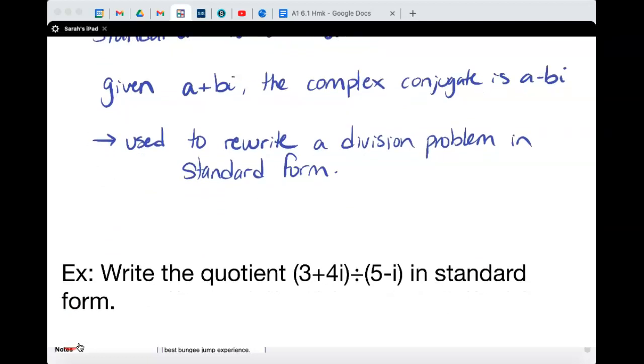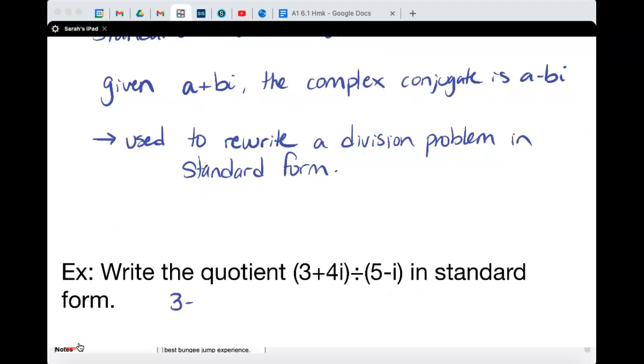So we're given this quotient, 3 plus 4i, divided by 5 minus i. Okay, so I have a complex number in the numerator and denominator. I need to write it in standard form, so there's just a real part and an imaginary part. I can't have multiple. So I need to move the imaginary number that's in the denominator, this 5 minus i, up to the numerator.